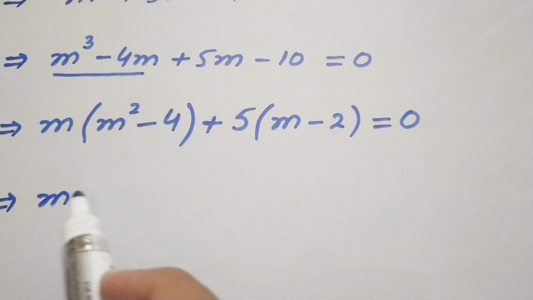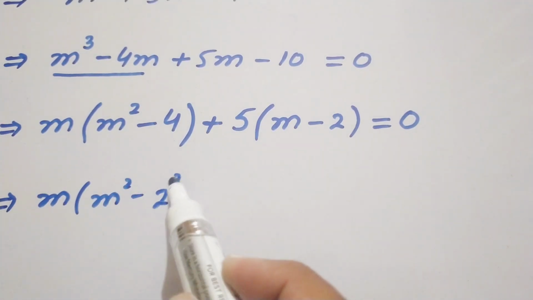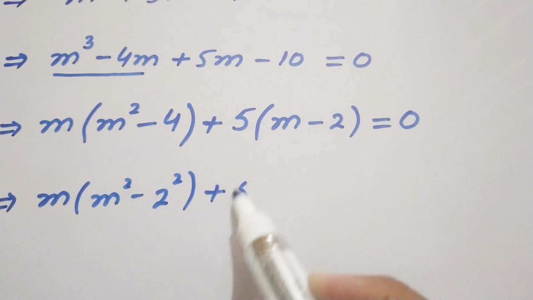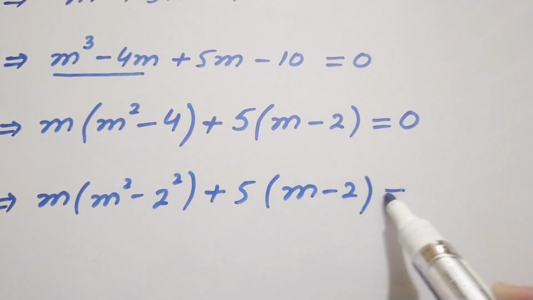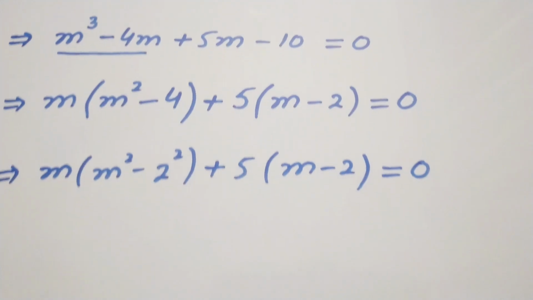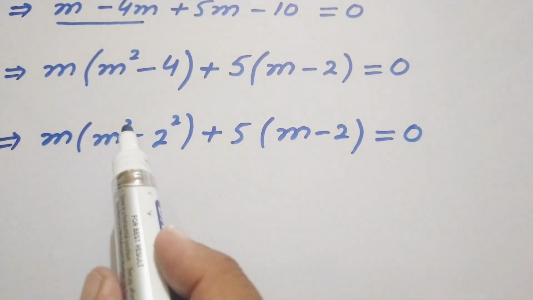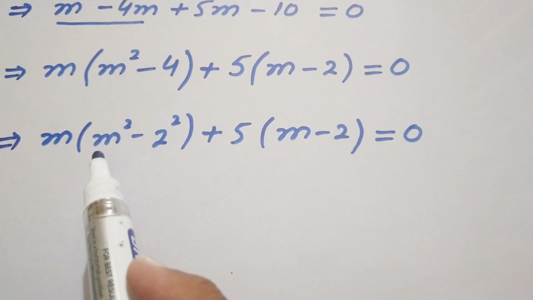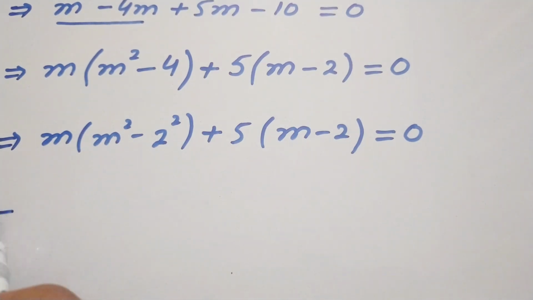Now m square minus 4 is equal to m square minus 2 square, plus 5 into m minus 2 is equal to 0. We know that a square minus b square is equal to a plus b into a minus b.